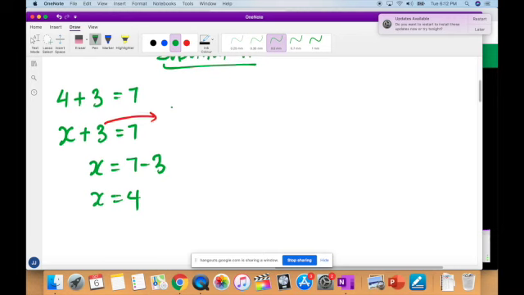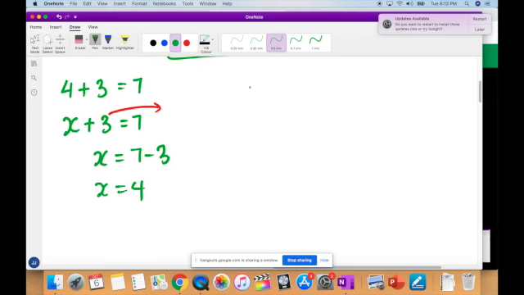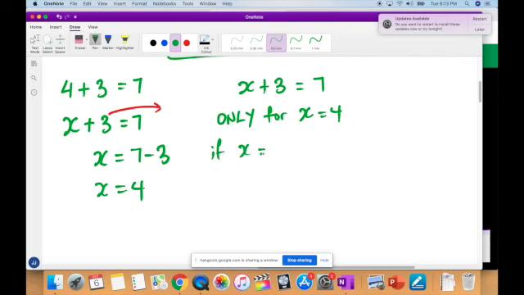But here's the problem, right? We have an equation, x plus 3 is equal to 7, but this is only true when x is equal to 4, isn't it? X can't be anything else. If x was equal to 3, would x plus 3 equal 7?